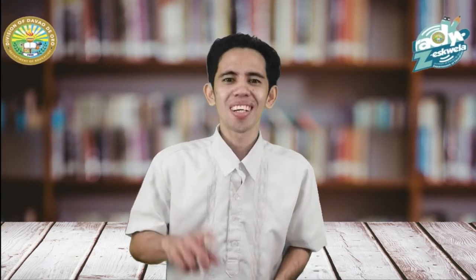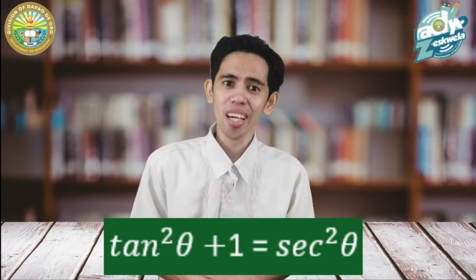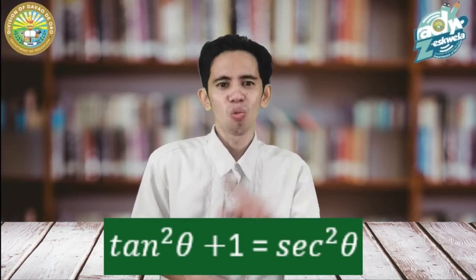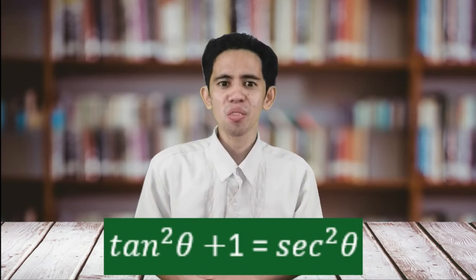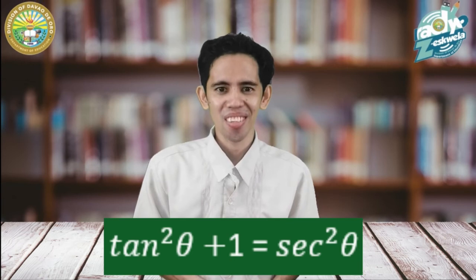It's your turn. Now, for another trigonometric identity, prove tangent squared theta plus 1 is equal to secant squared theta. Within 30 seconds, prove this one, if it is an identity or not.